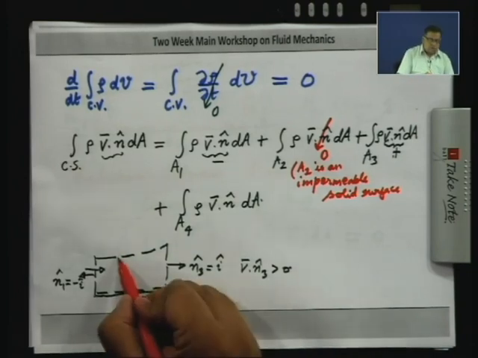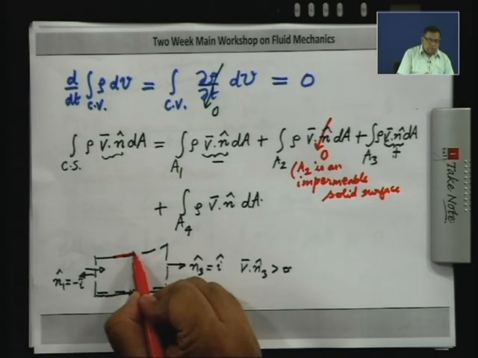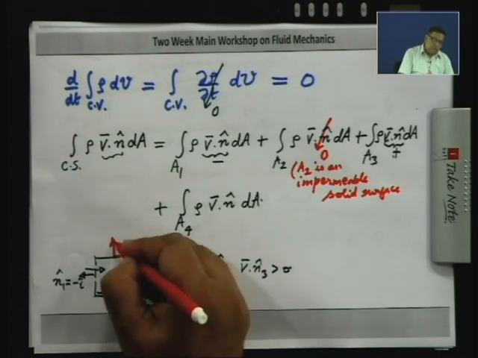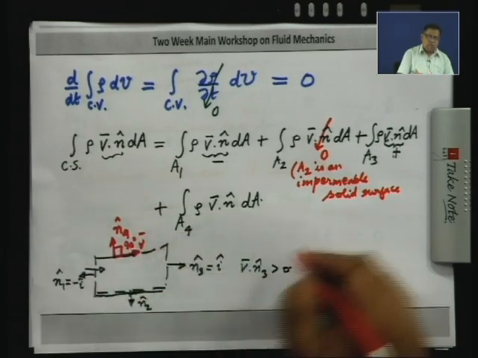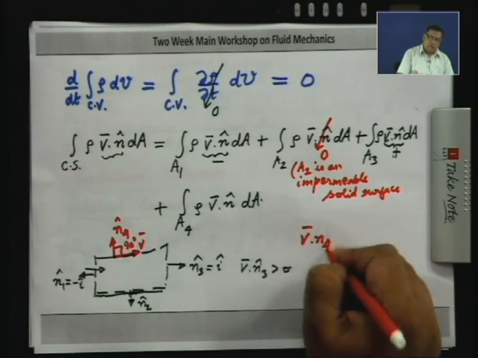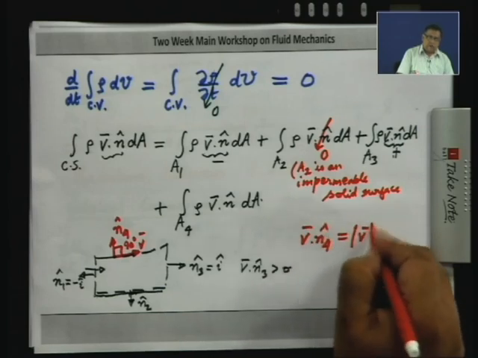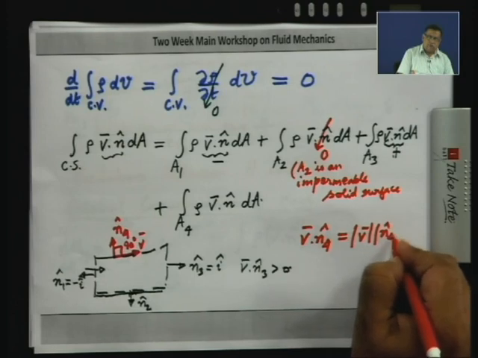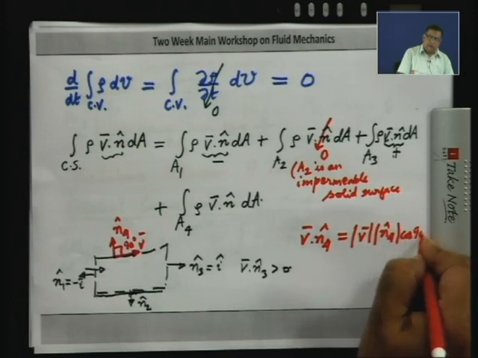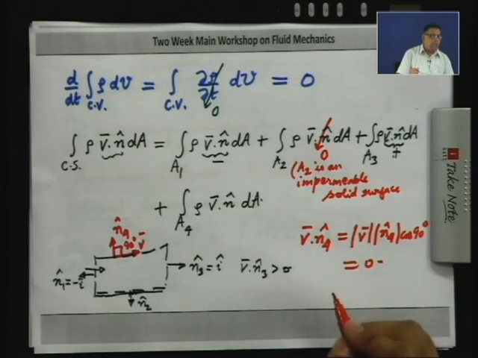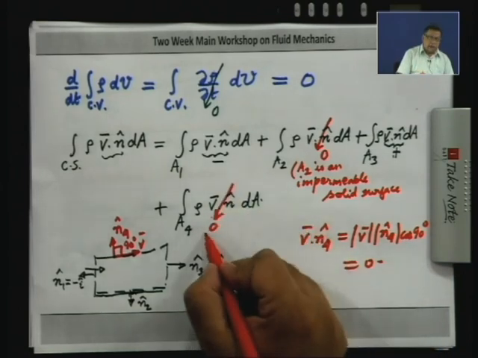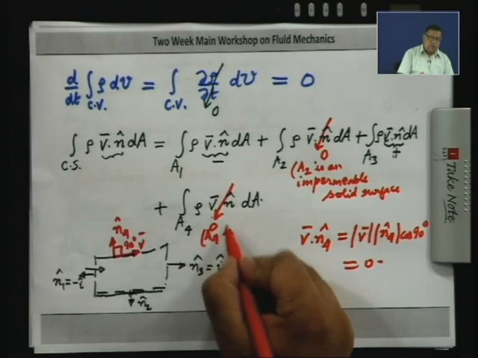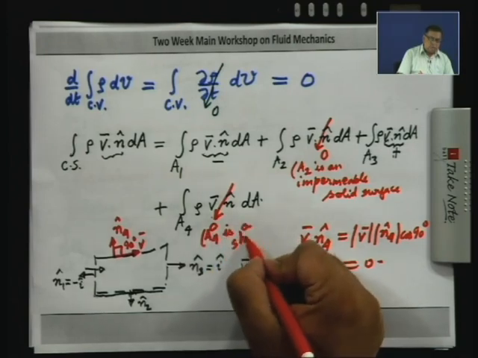If you look at the surface 4, it is a stream surface. So, the velocity vector is tangent to it, and the outward normal N4 at any point is going to be normal to the velocity vector. This angle is 90 degrees. So, V dot N4 is magnitude of V into magnitude of N4 into cos 90, which is 0. The reason is that A4 is a stream surface.